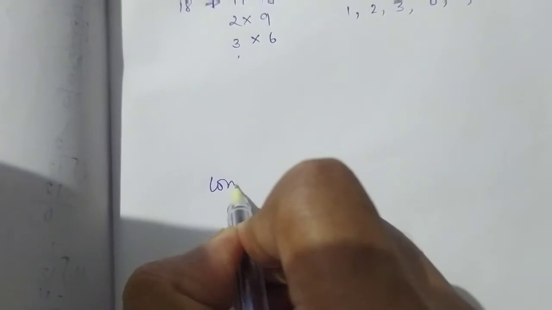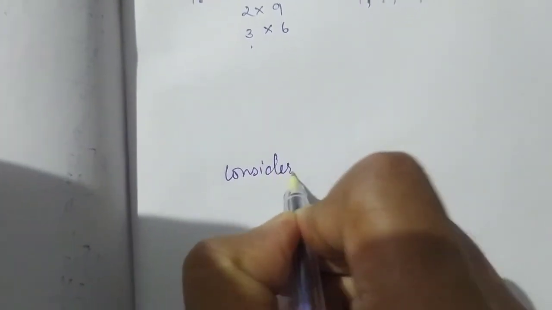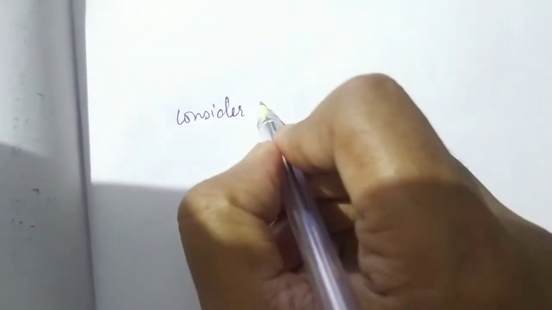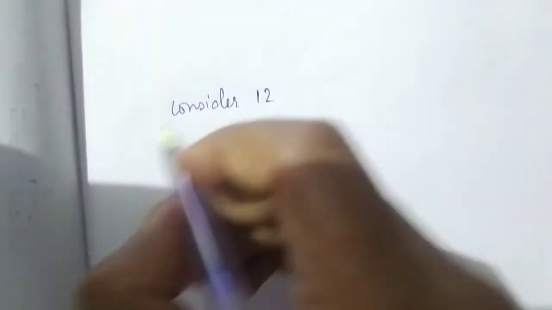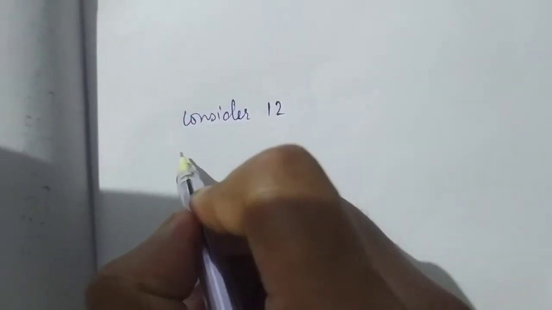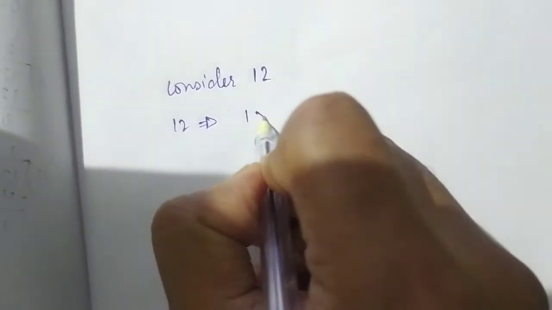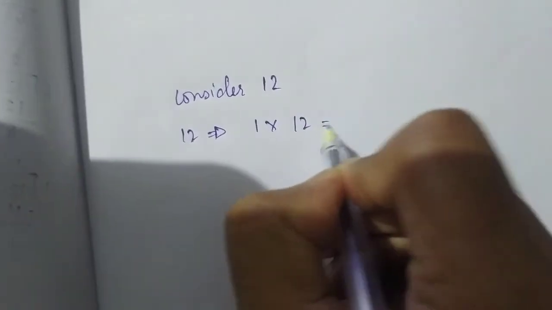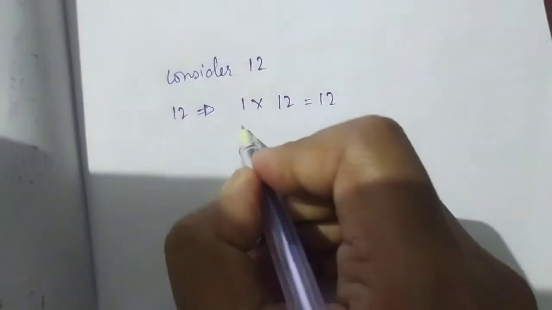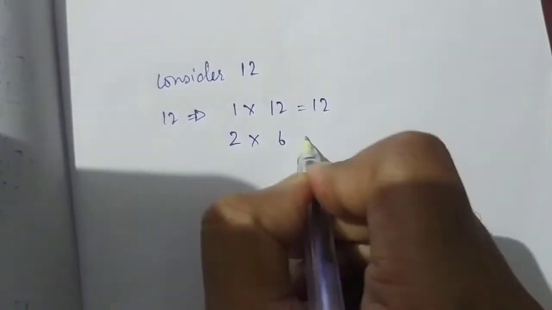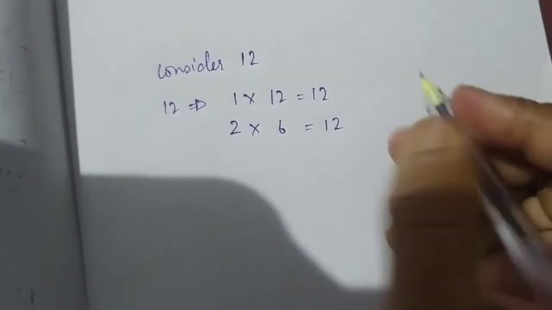Consider 12. Now 12, you see 1 into 12 is equal to 12. Take 2, 2 into 6 is equal to 12.